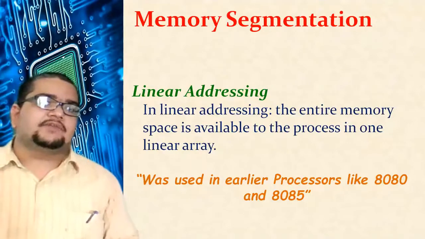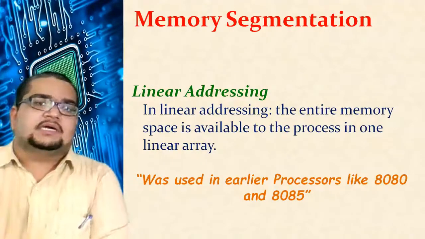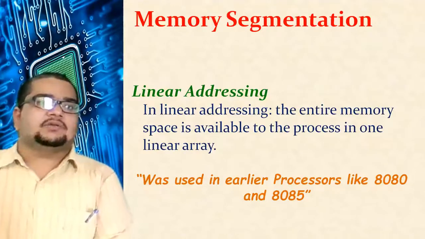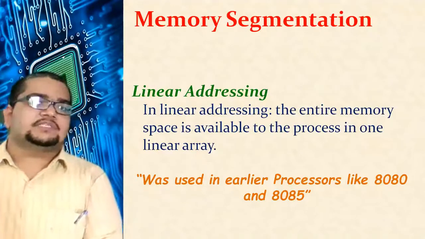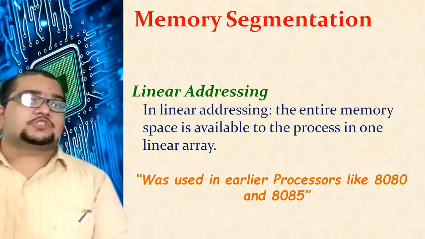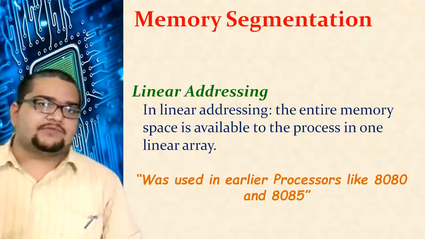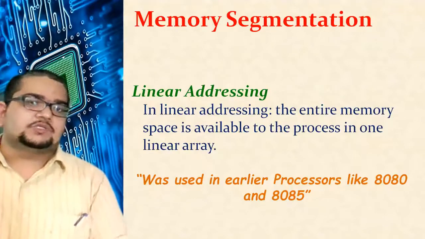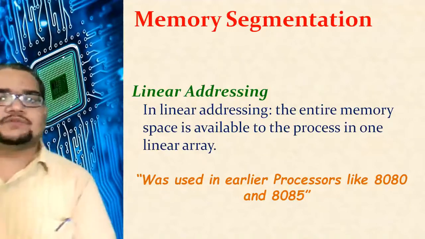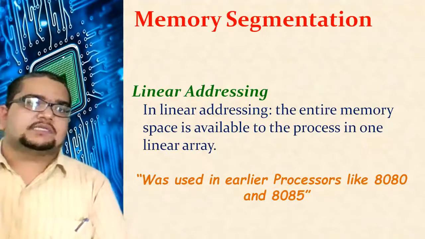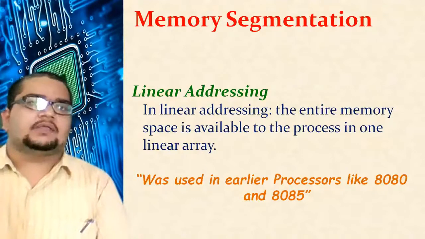For example, 8085 had one particular register which can hold the complete address of its total capability. Its total capability was addressing memory of 64 kilobytes, so it had a register for 64 kilobytes.